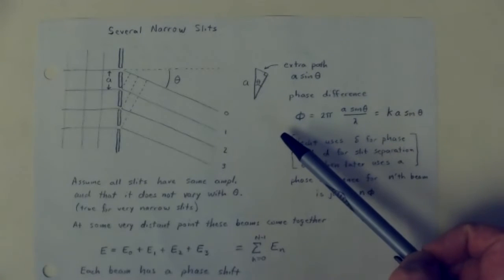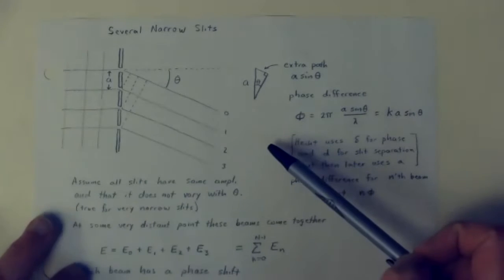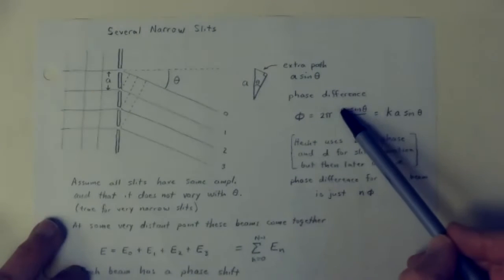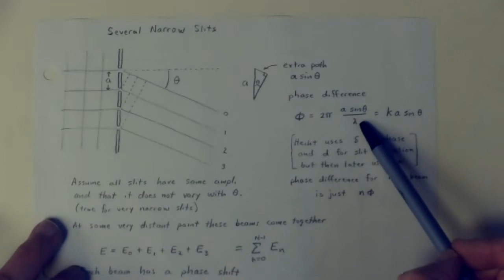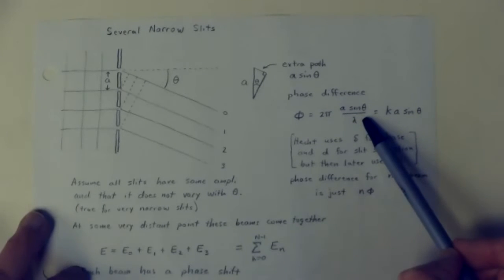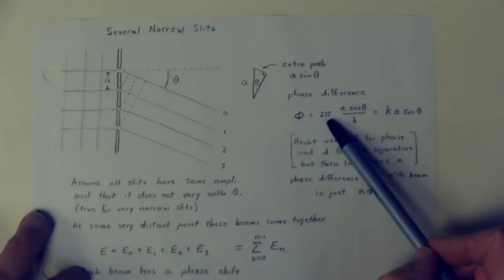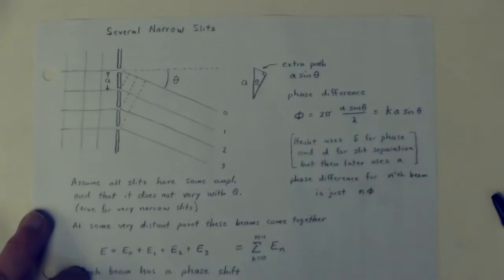Turning that into a phase angle, if you just take that distance and divide by the wavelength, that's then the fraction of the wavelength that that path represents. Multiply that by 2 pi, and you would have phase angle in radians.